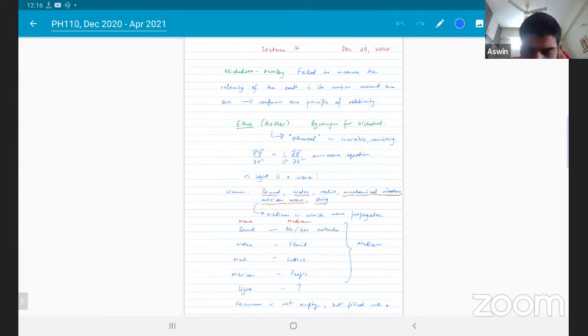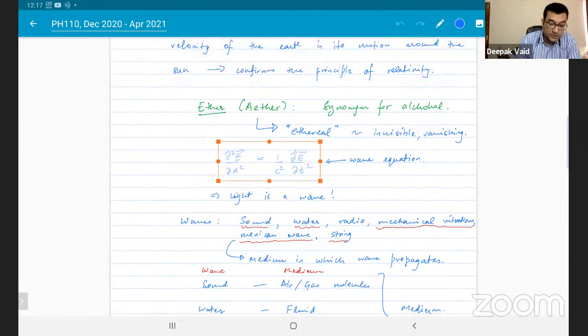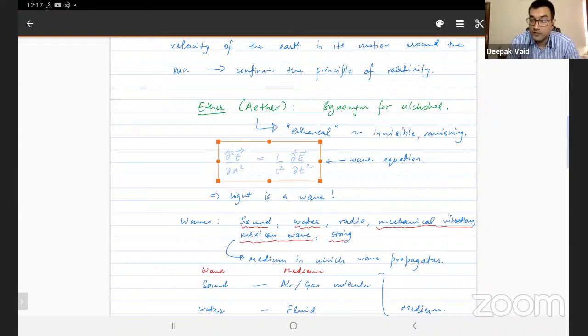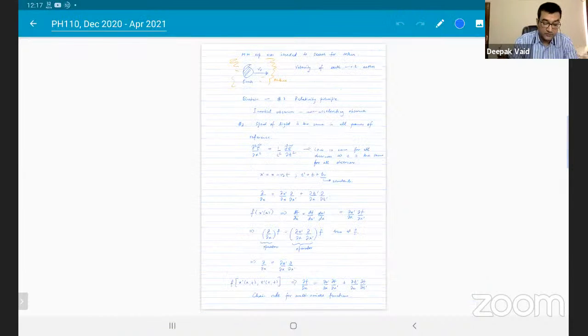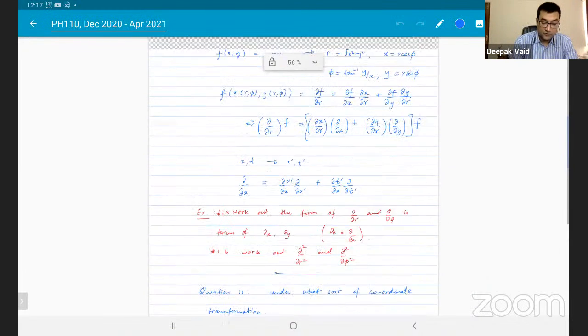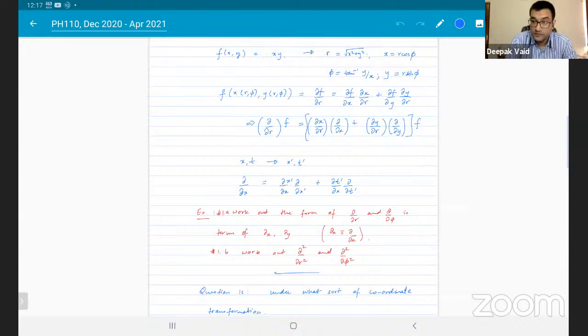Sir, I didn't understand perfectly why the Galilean expression was wrong, sir. Well, it's wrong because the form of this equation is not preserved under Galilean transformation, right? That's why I've given you that exercise. And I've given it to you again today in a slightly different form in terms of this R and phi, so that you can do a little bit of warm up.